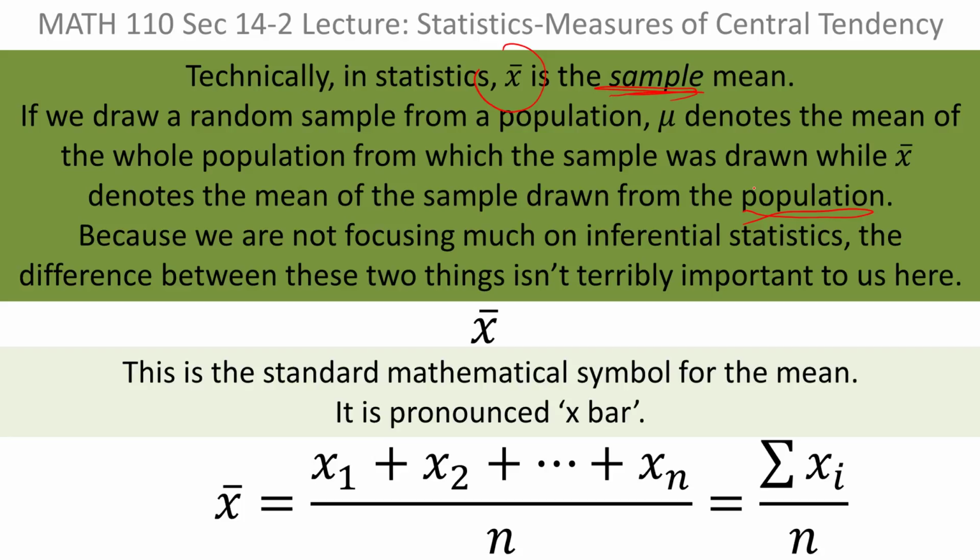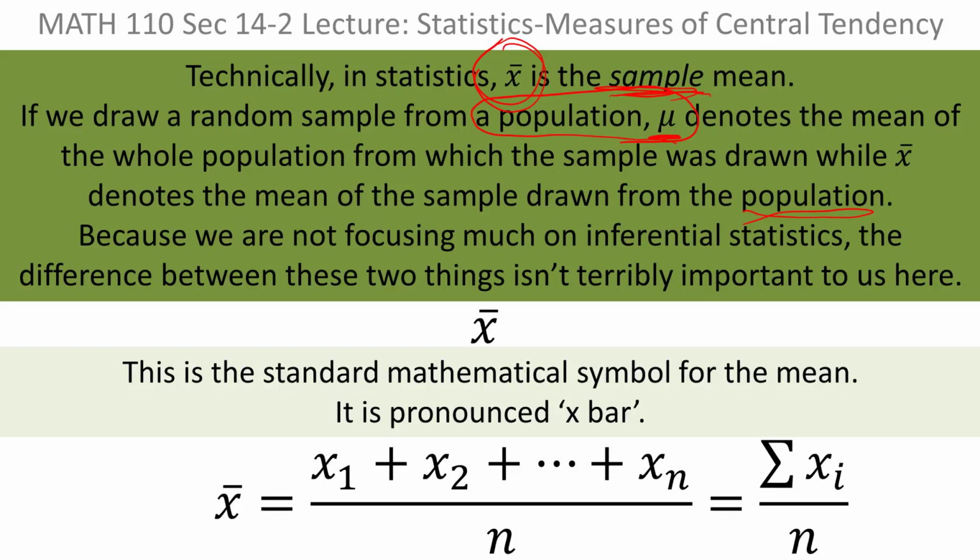That's very important in the study of statistics when you're doing inferences. But we're not really doing any inferential statistics per se here, so we're not going to worry too much about that distinction. But what I will say is, if you're working with a sample, x bar is the sample mean. Mu stands for the mean of the entire population. If you want to talk about the population that you're drawing a sample from, you would use mu.